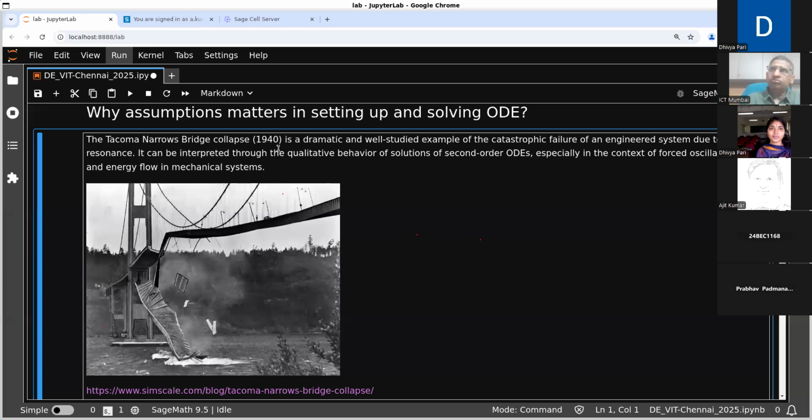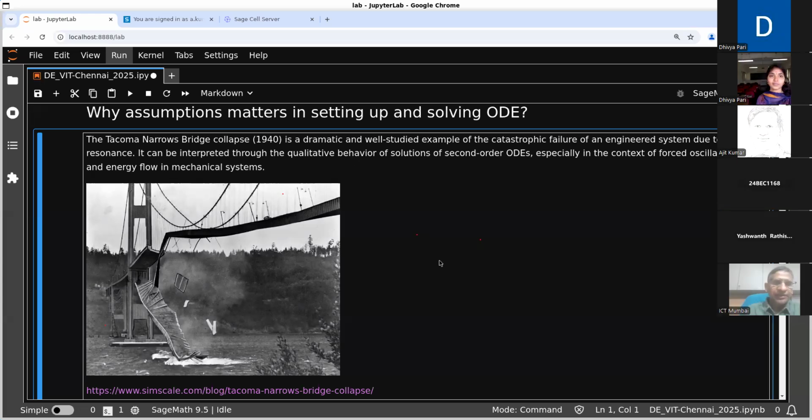Actually, on 1st July 1940 it was opened to the public, and on 7th November it just collapsed. Of course it uses second order ODE in its modeling, but then it collapsed. There are various reasons. One of the reasons is also that they did not look at the initial conditions, etc., properly. So it can have a catastrophic effect, right?